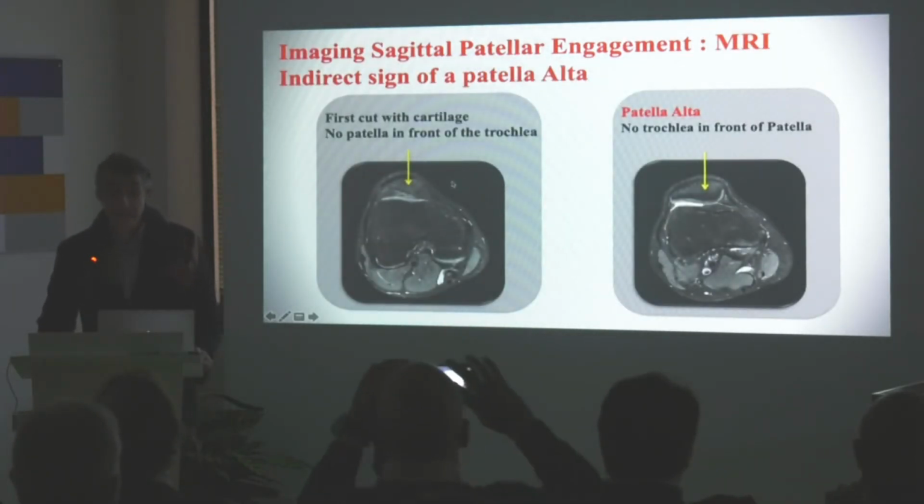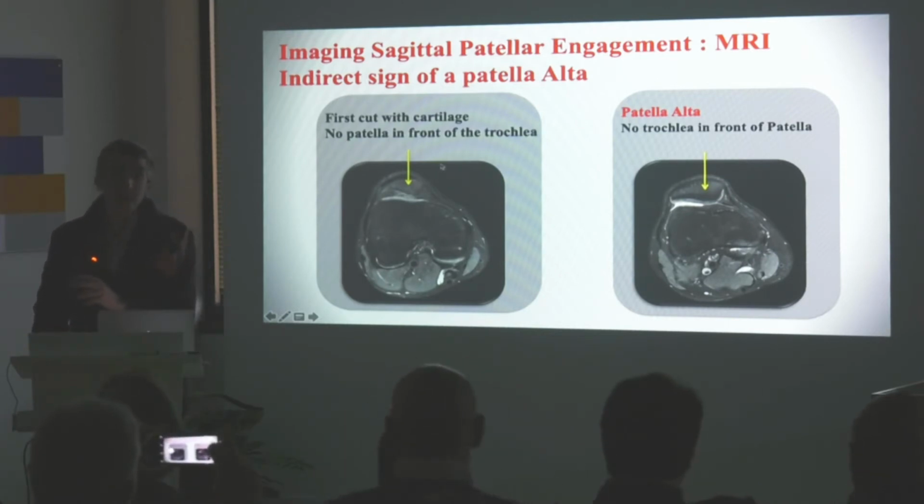So it is exactly that. For example, when you have some X-ray, CT scan or MRI, sometimes you can see that you have a beautiful trochlea, but you have no patella in front of the trochlea, because the patella is above the trochlea. Or you can have a patella, but no trochlea in front.